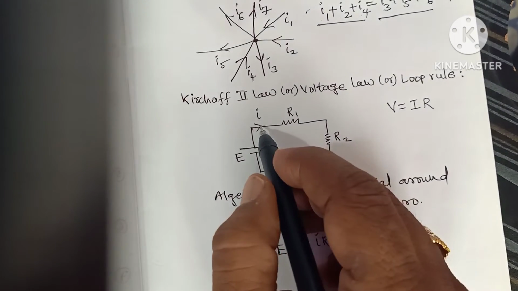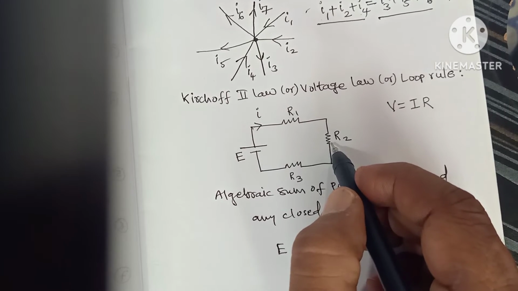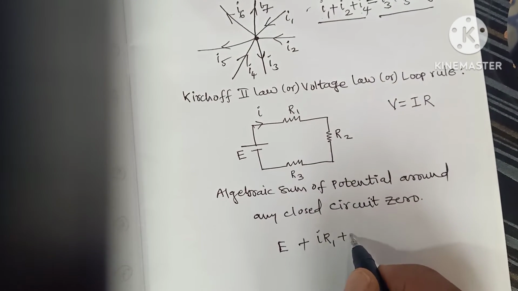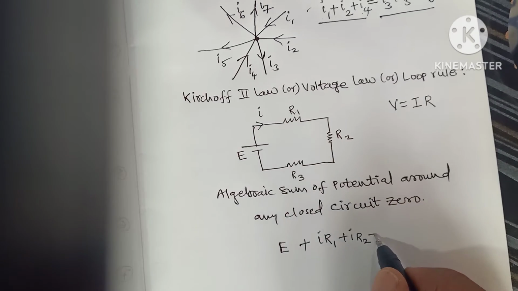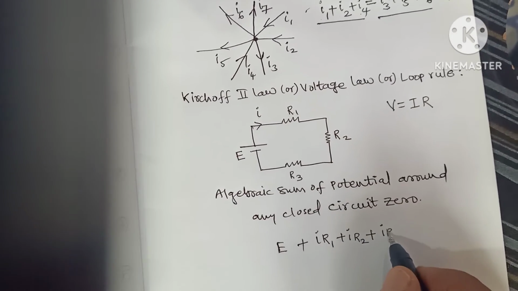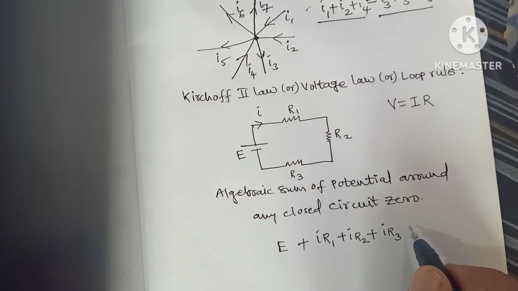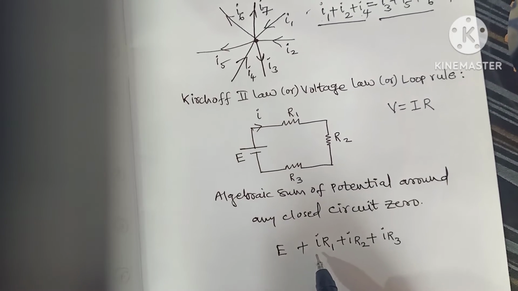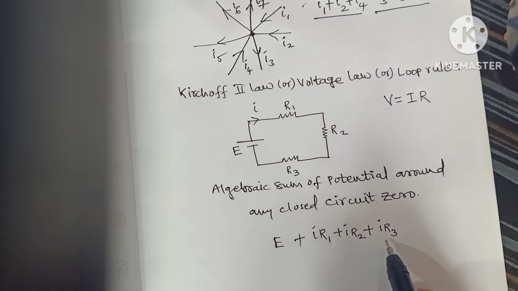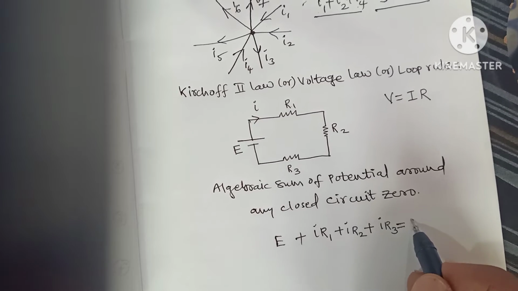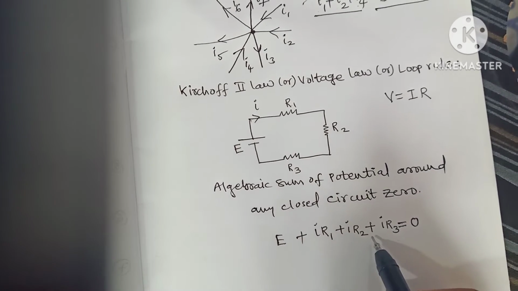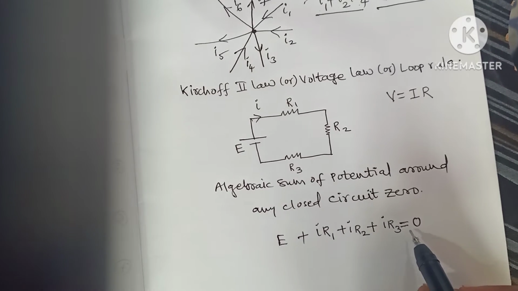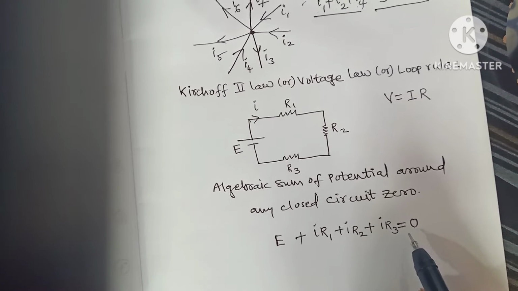Then the same current flowing through the resistor R2, so we write IR2. Again through the resistor R3, so IR3. Nothing but E plus IR1 plus IR2 plus IR3 is equal to 0. All the potentials added together give the result 0.